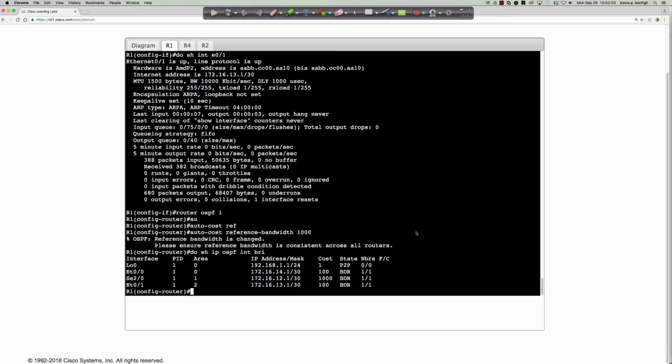It's outgoing interfaces. We don't look at delay, right? OSPF does not look at delay as part of its calculation. It is simply taking the reference bandwidth, which is by default 100 megabits a second, and dividing it by the actual bandwidth of the interface.